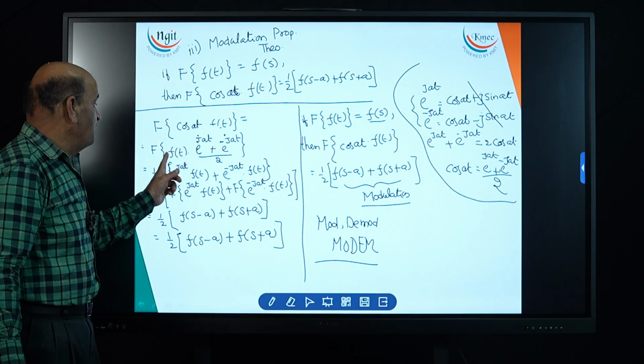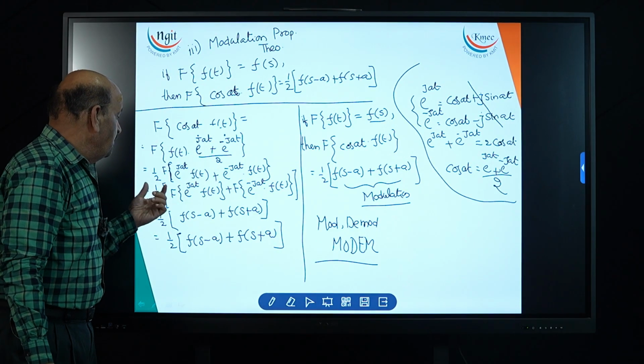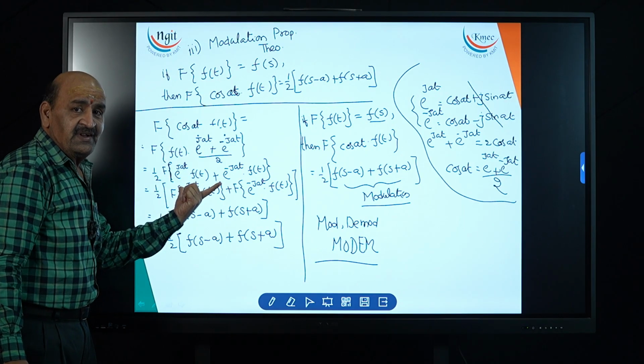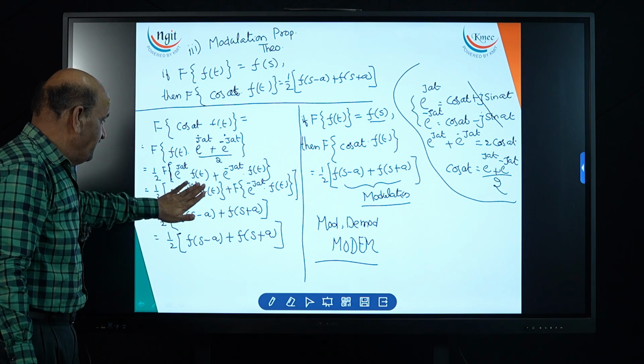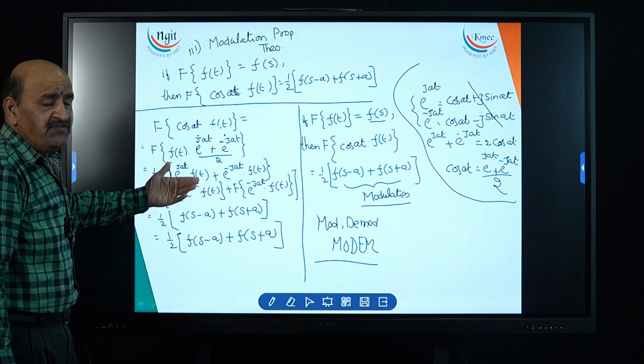For the remaining steps, multiplying with this and taking the half constant out of the function, the entire signal is split into a summation of two signals. Now take the Fourier transformation of each signal. This is called the frequency shifting property.